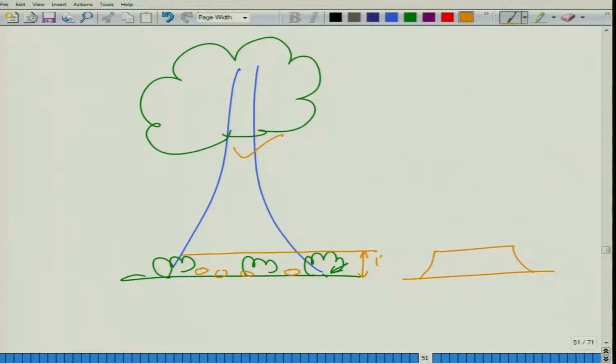Now, there are a number of trees that are known as coppicing species. What do we mean by coppicing species? After this tree is cut, it might undergo vegetative growth.